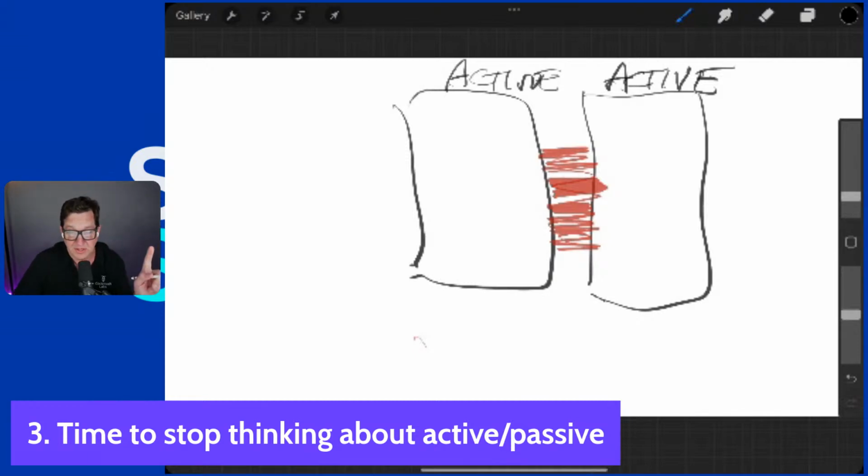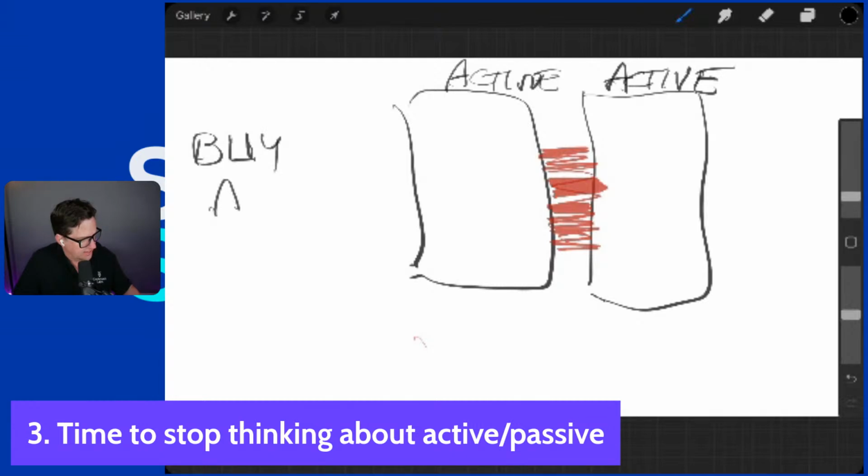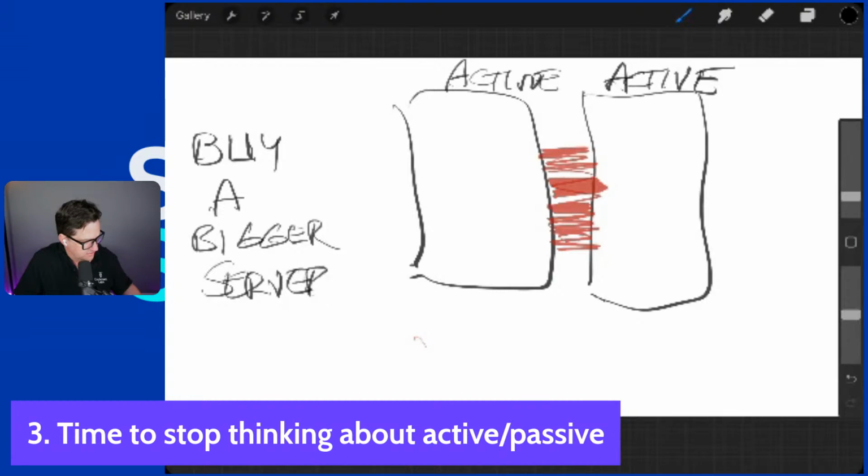Remember what was the other thing we talked about way back on bullet one? It was buy a bigger server. So here we're talking about a big towering server. And if you can't see it on the podcast, I drew a stick man that's a quarter of the height of the servers. The idea is you've bought this jumbo server.